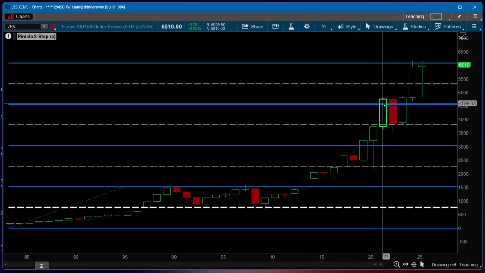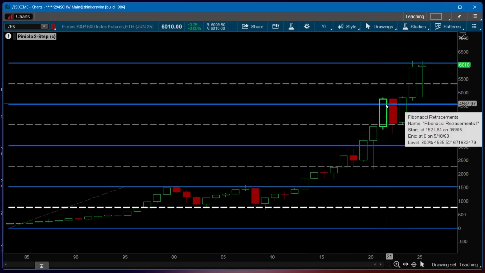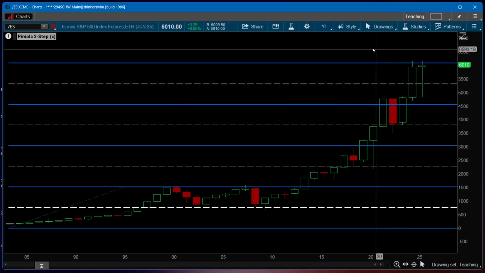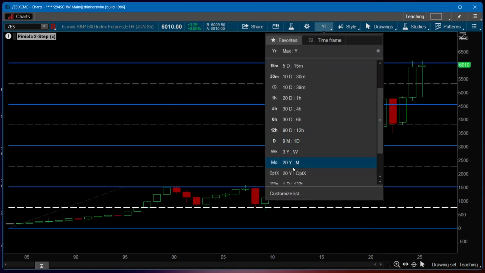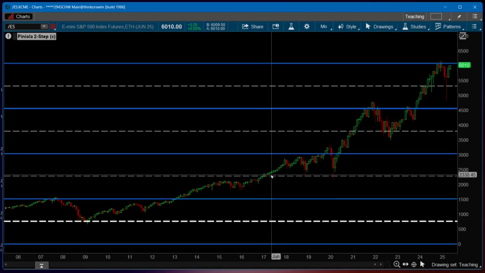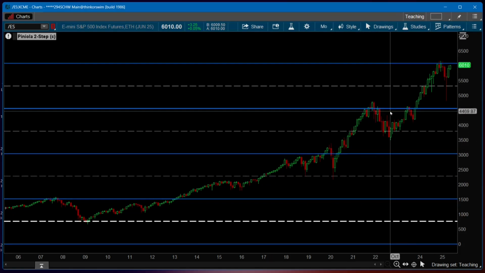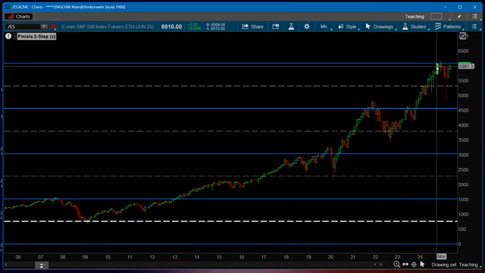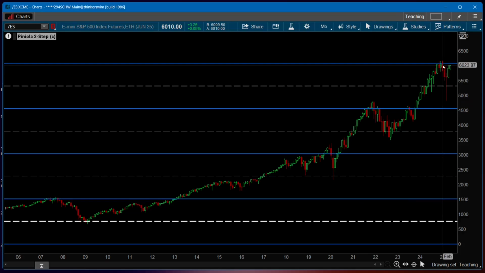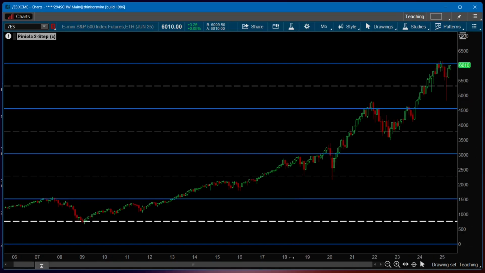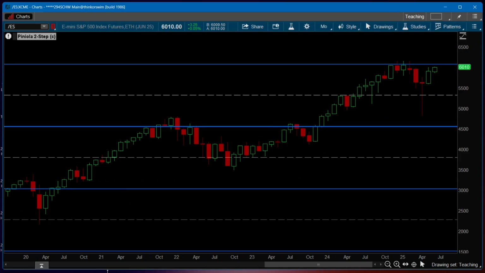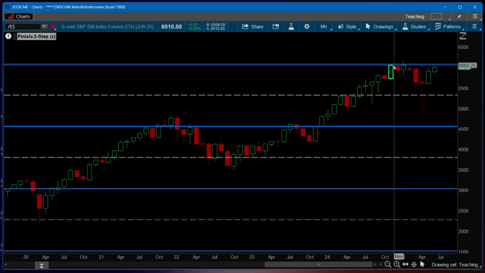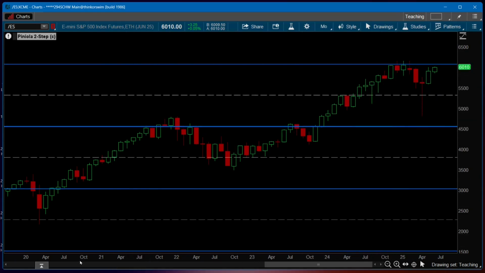Now, look at it through here, it may not look like it respected this level, but if I go back to the monthly chart, it definitely did right through here. And look where we are before the Trump tariff, what was it, Liberation Day? We're sitting right there on it.